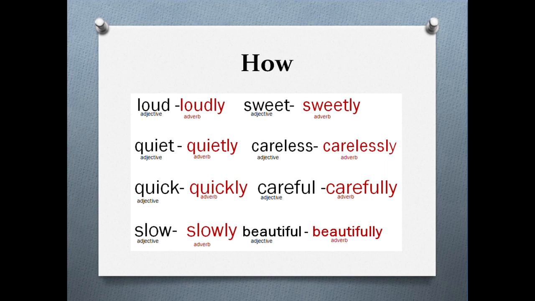Slow, how, slowly. Sweet, how, sweetly. Careless, how, carelessly. Careful, how, carefully. Beautiful, how, beautifully. Okay, repeat after me and you should write down these adverbs and adjectives in your notebook.